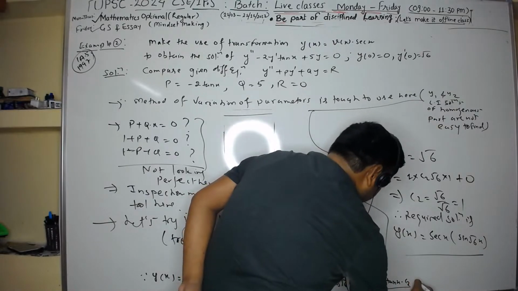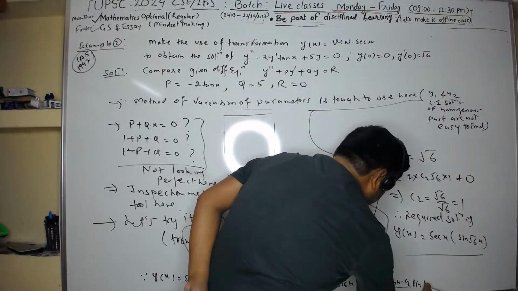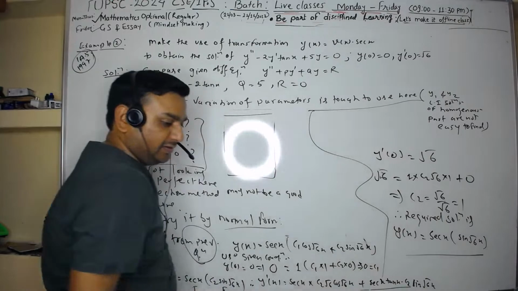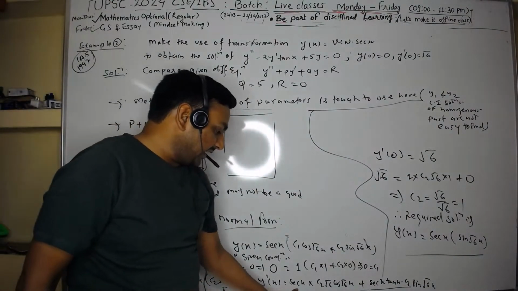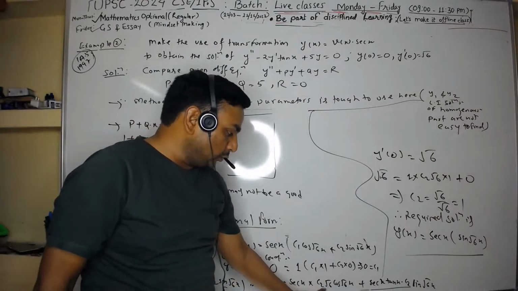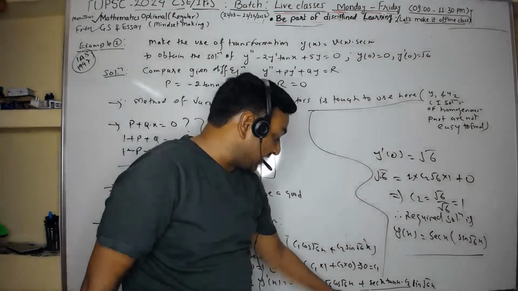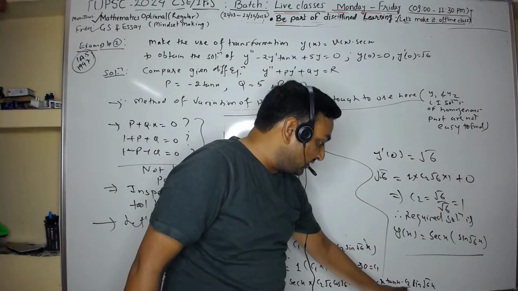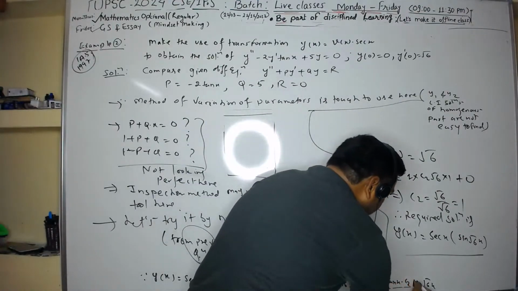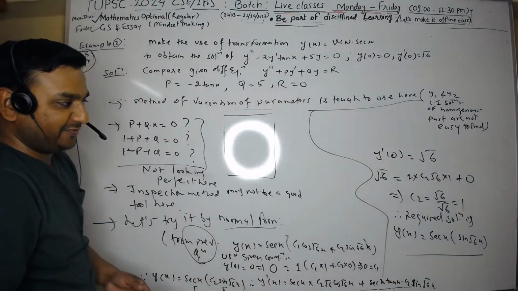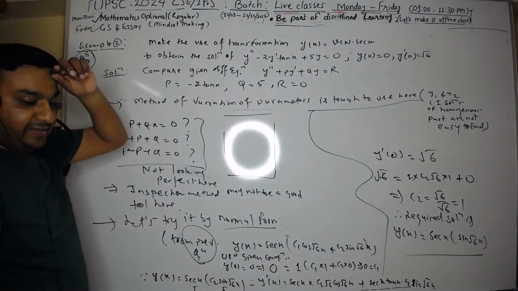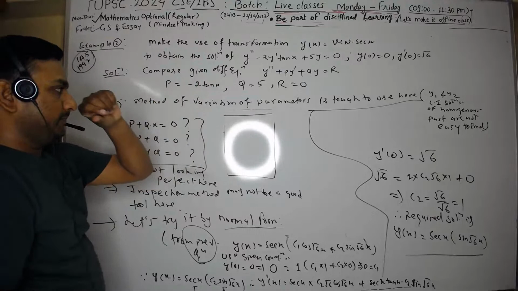Because other वाला term will be C2 sin root 6x. Okay, Shivu, fair. That is sec x. सुन लो अभी. Sec x C2 root 6 cos root 6x plus sec x tan x into C2 sin root 6x. Fair, fair, fair. Please note down.